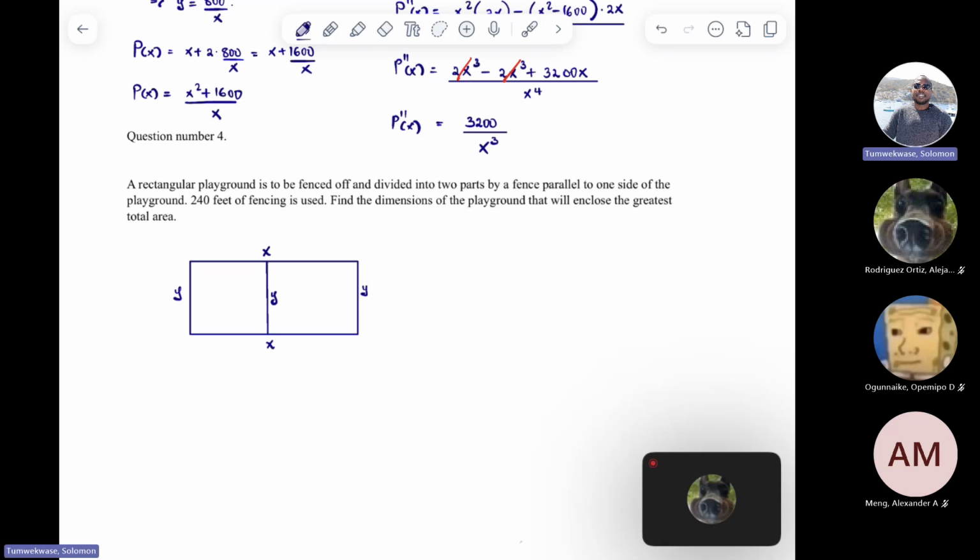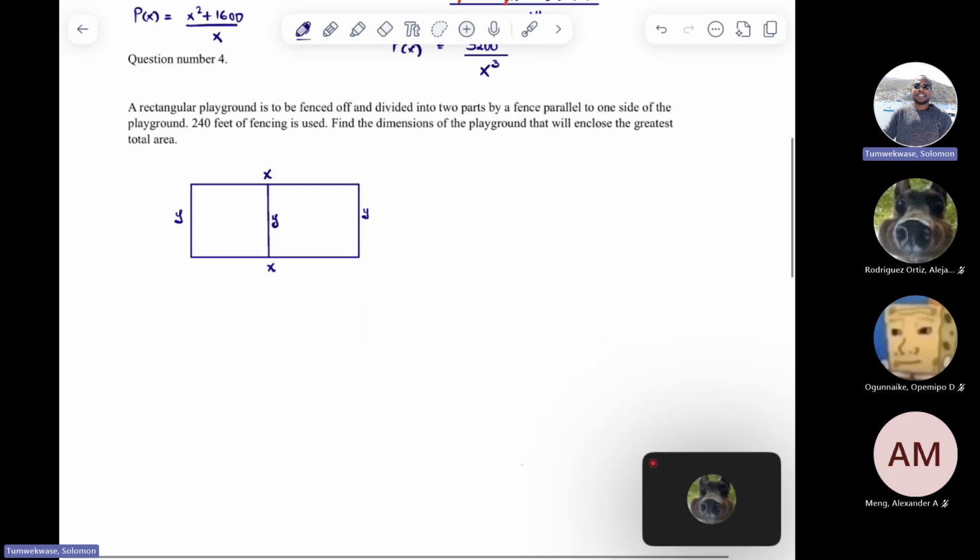They are saying that 240 feet of fencing is used. So basically what they are telling us is that the perimeter, when I move around this, I get 240, and we want to find the dimensions of the playground that will enclose the largest area.